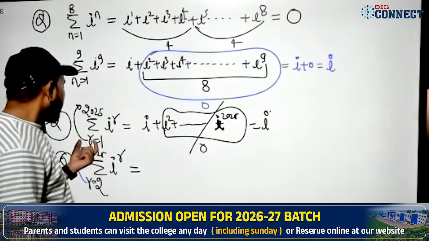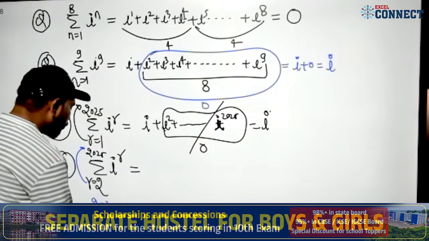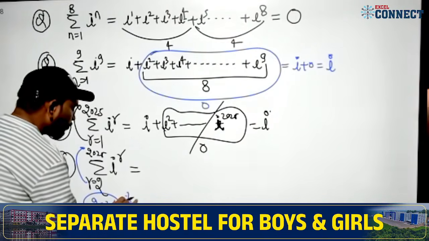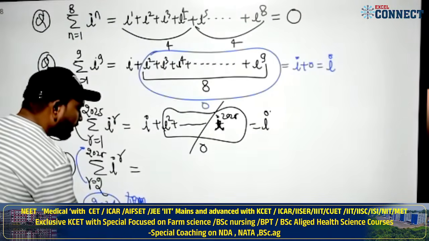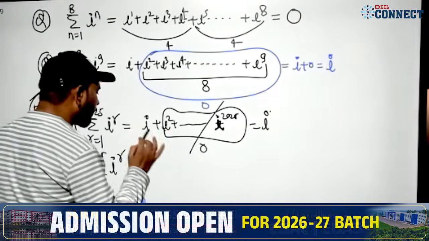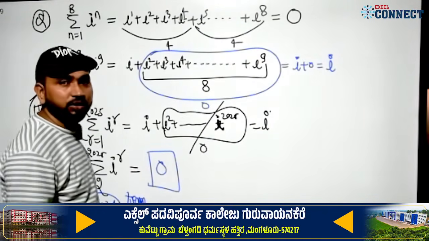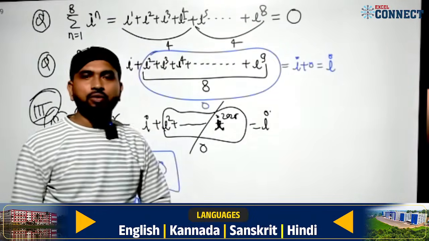Starting from 2, there are only 2024 terms. It means it is divisible by 4 completely, and whole complete pairs will form. So the answer is 0.